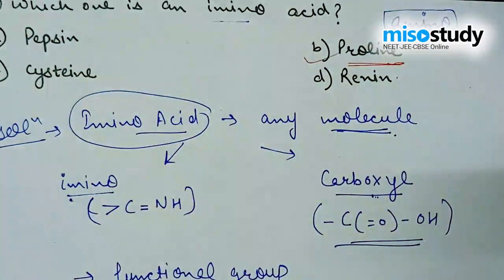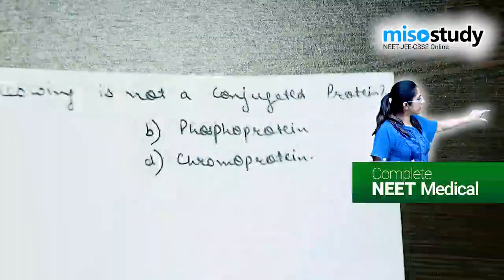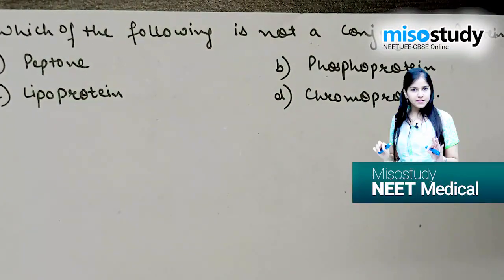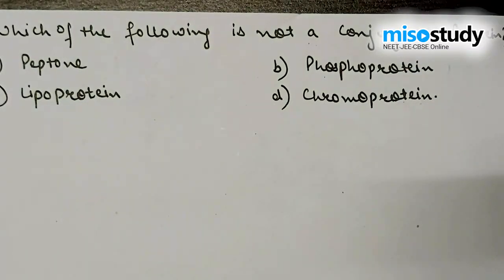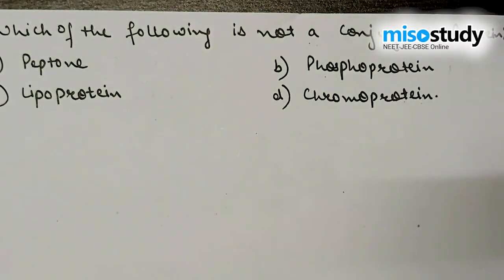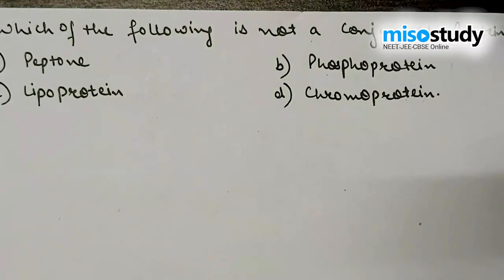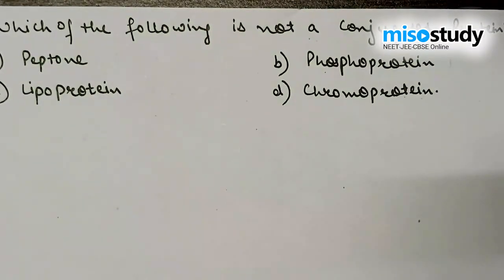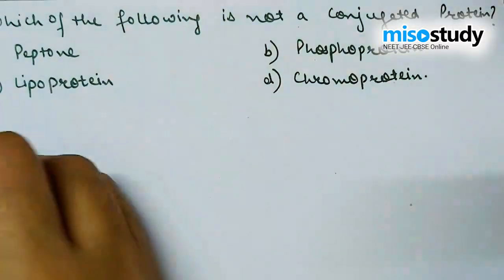Let's discuss the next question from biomolecules: which of the following is not a conjugated protein? Option A peptone, B phosphoprotein, C lipoprotein, and D chromoprotein.